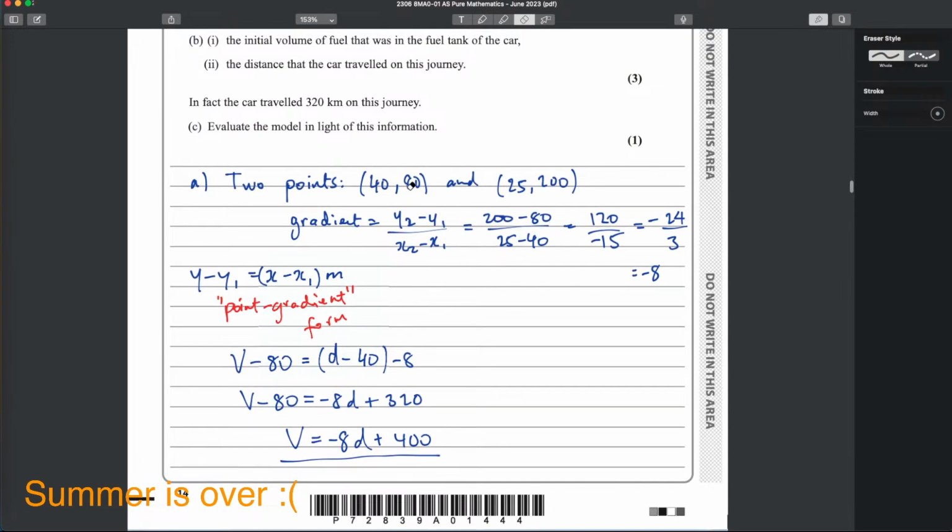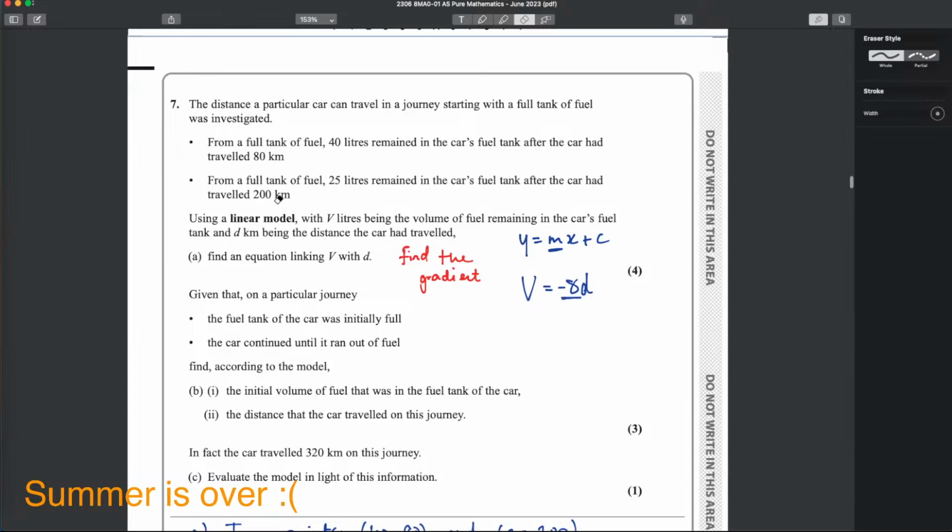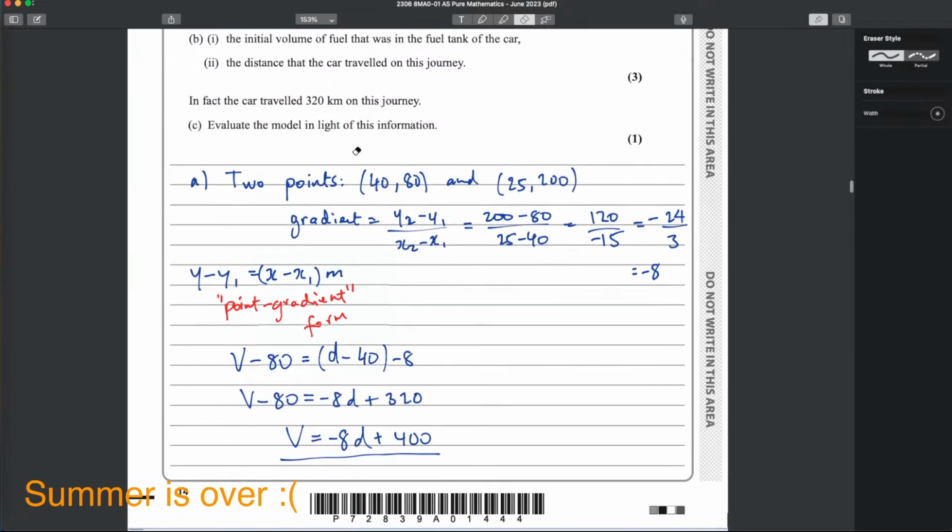Wait, am I not reading this correctly? I think the negative gradient is fine.